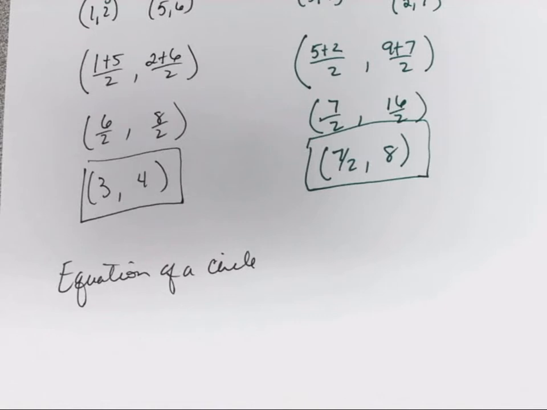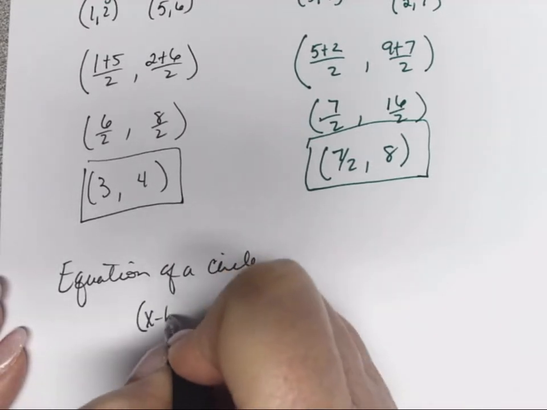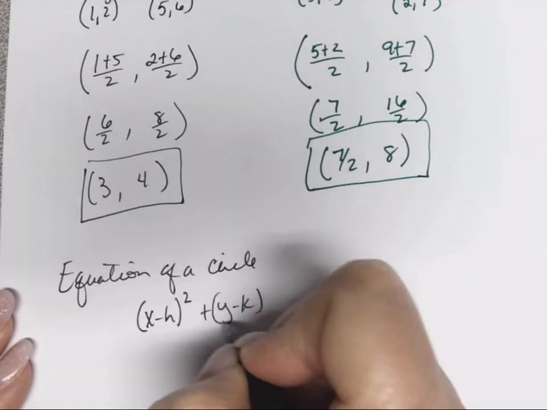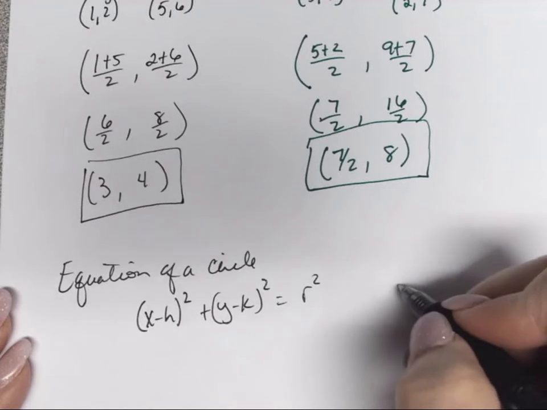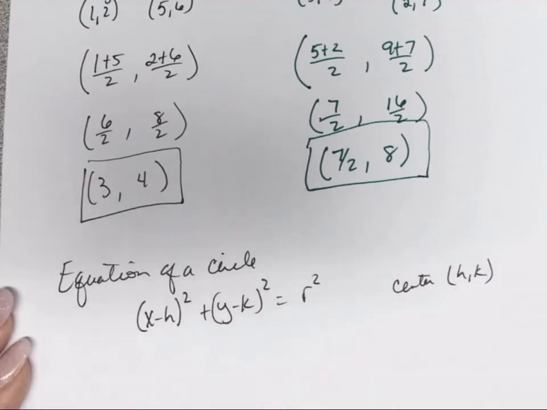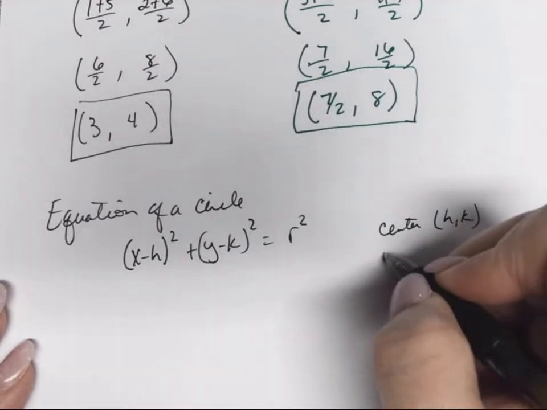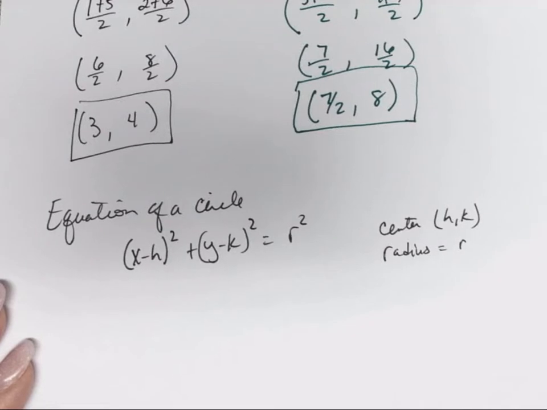So the equation of a circle is going to be x minus h squared plus y minus k squared is equal to r squared. And with that, please understand that h comma k is your center of your circle, and your radius is equal to r.